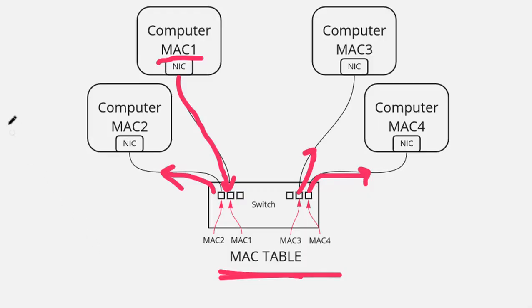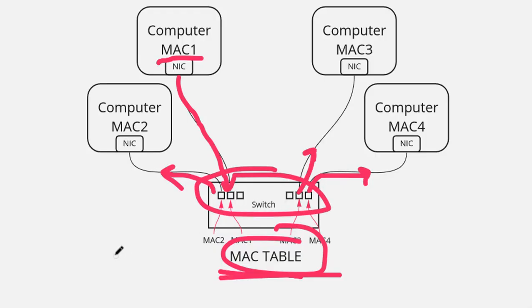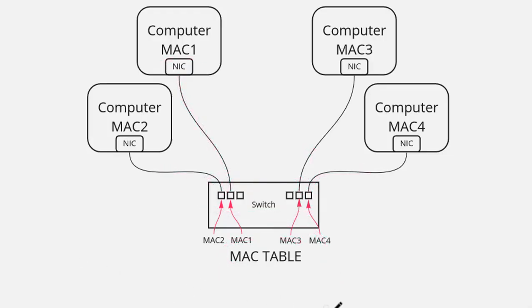So this kind of network, this layer 2 Ethernet segment, can only get so big. Eventually, the MAC table will get too large. Eventually, the number of broadcasts will exceed what our switch can handle. And so, much like we wanted to cut down the size of these collision domains, eventually we may want to cut down the size of these broadcast domains. And we're going to use a router to accomplish that.